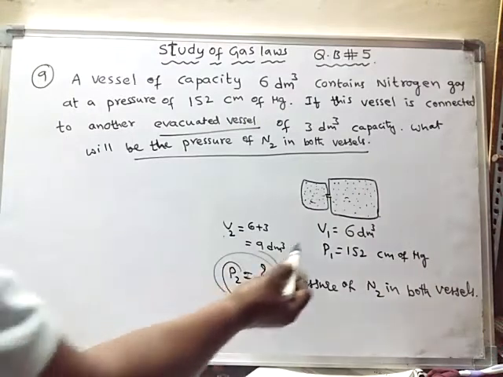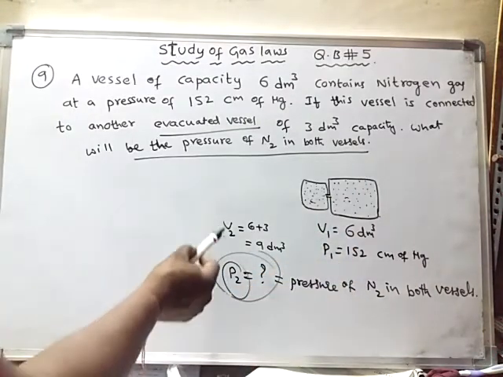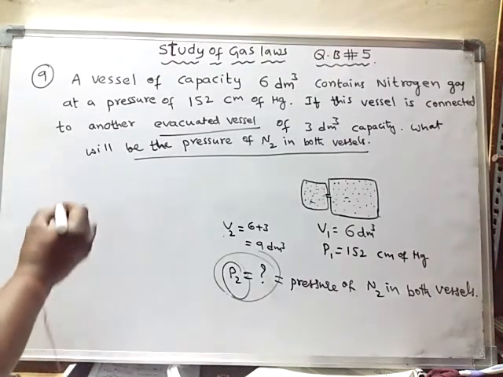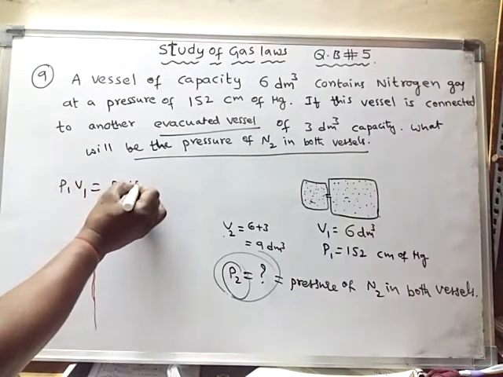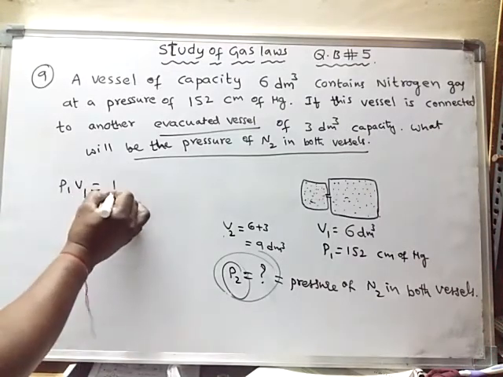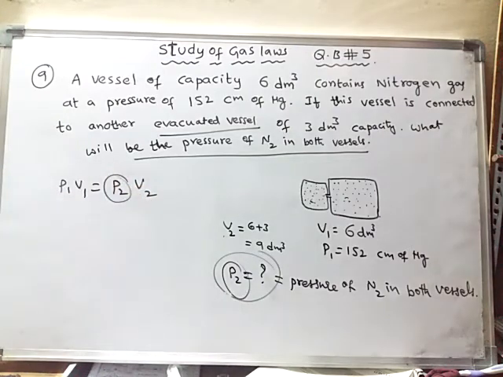If you consider P1 and V1 as the initial conditions, then P2 and V2 will be the final conditions. By applying Boyle's law equation, P1 V1 will be equal to P2 V2. Here we have to find P2, the final pressure in both the vessels.